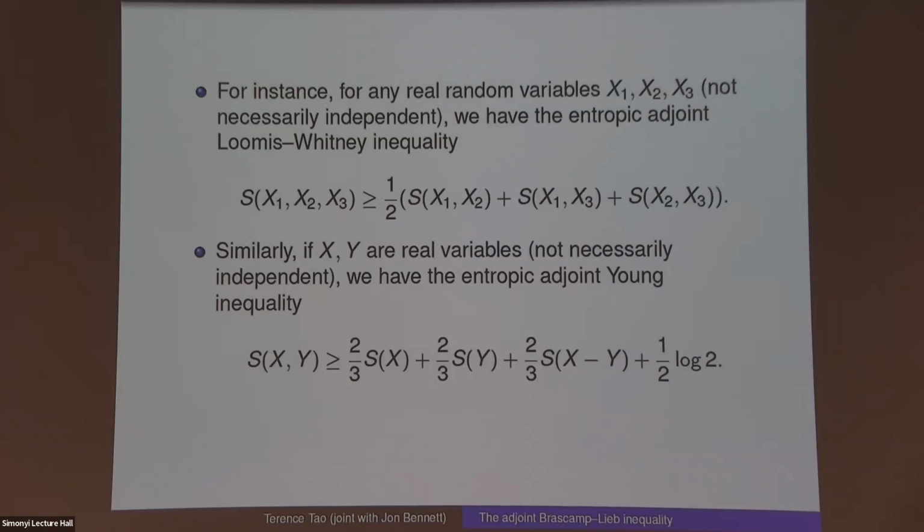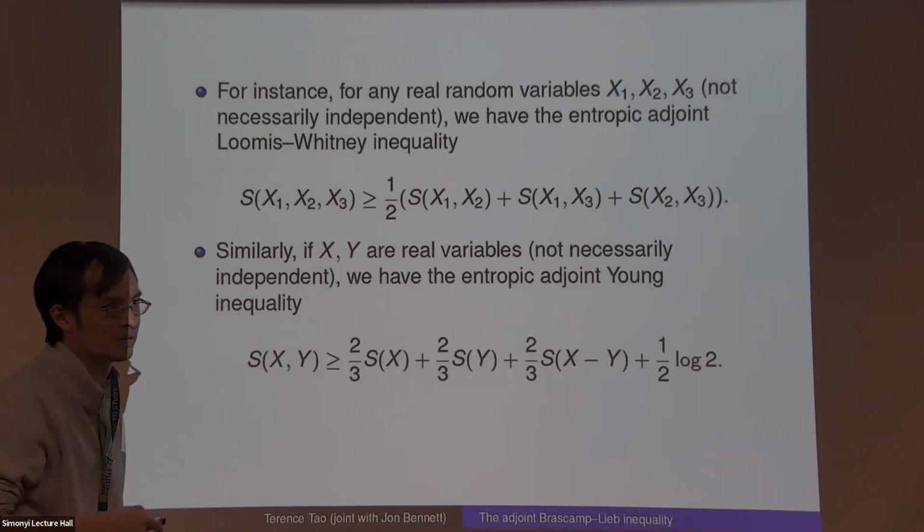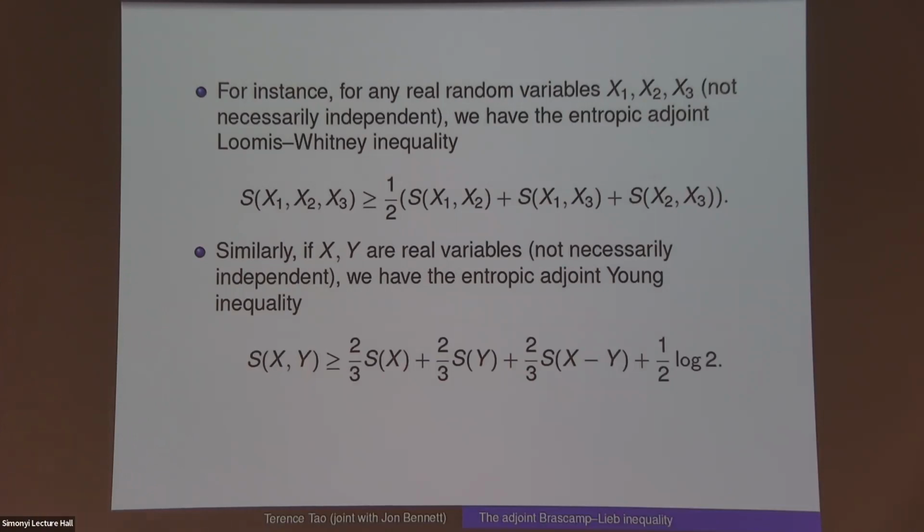Okay, yeah, thank you. Yes, I think I may indeed have made a slight mistake here, and probably this inequality is indeed Shearer's inequality. I will go home and check it.